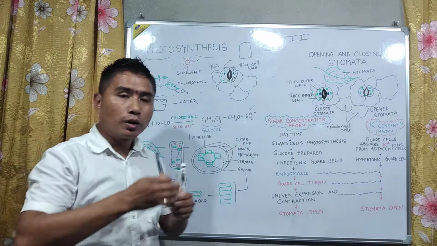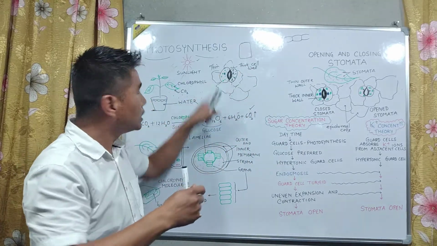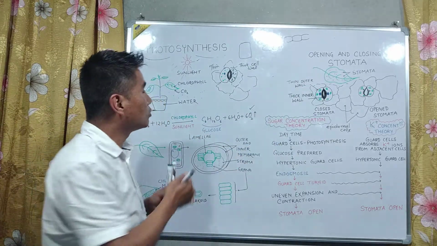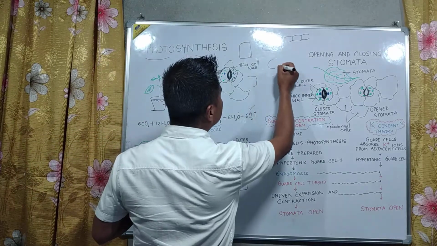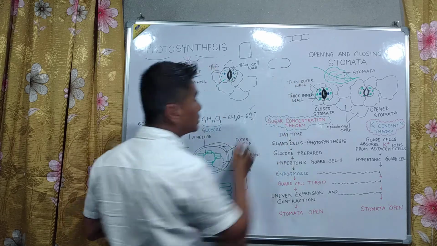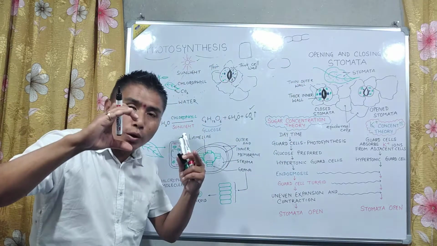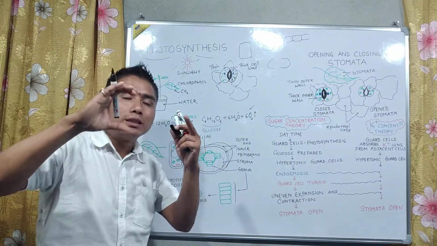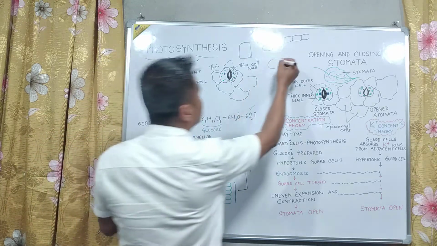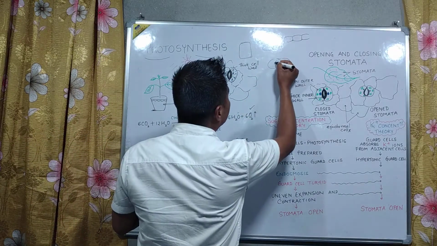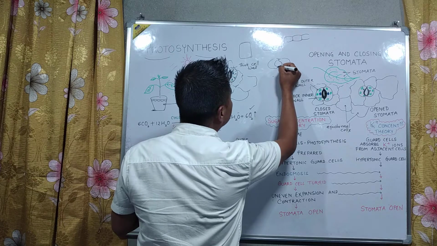So what happens is that the outer thin wall expands, but the inner thick wall prevents itself from expanding. As a result, it contracts.